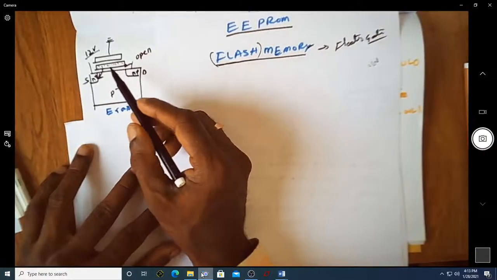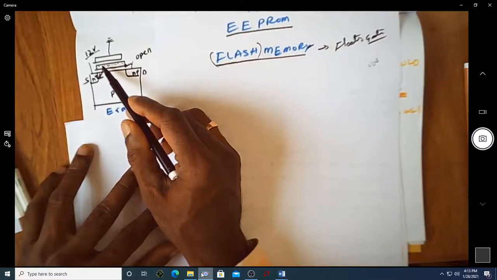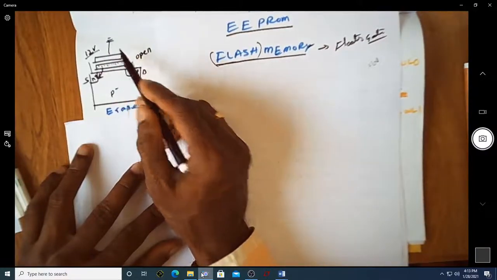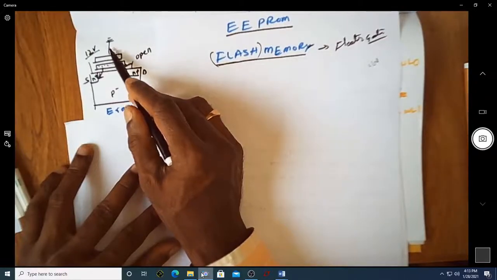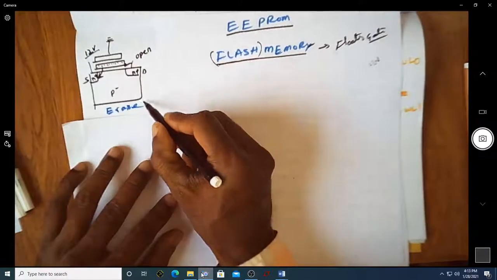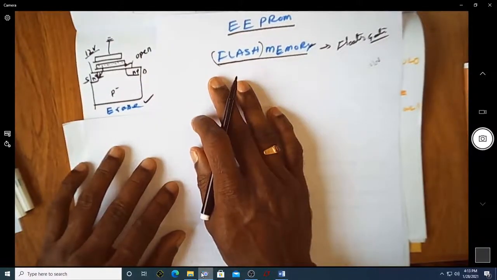So this way we can take out the charges stored in this floating gate by having an open-circuited drain, gate connected to ground, and applying 12 volts. This we call the erase process.